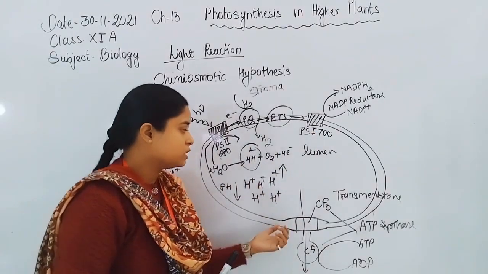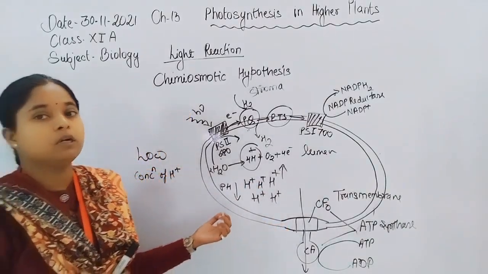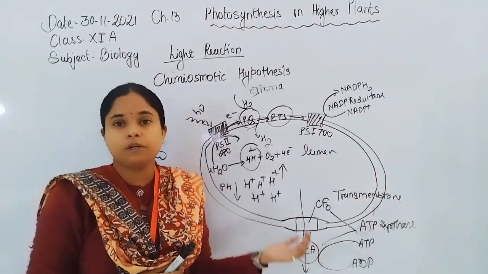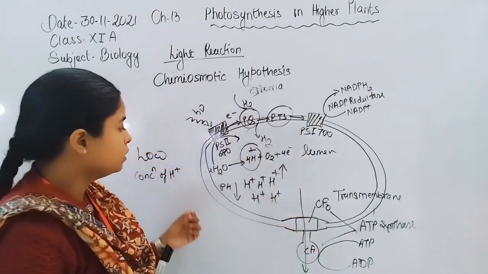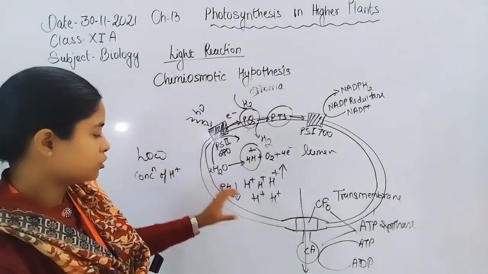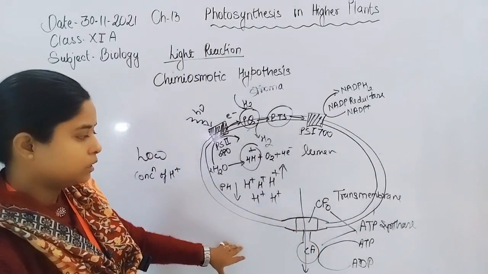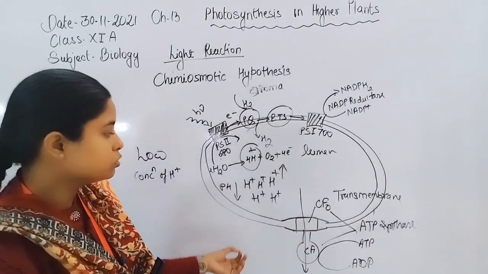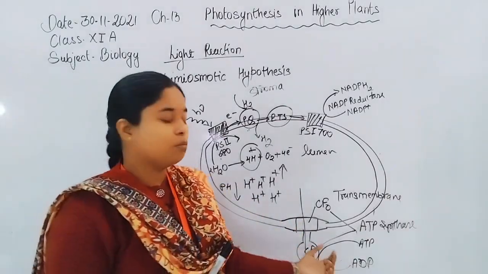That's why, for decreasing the proton concentration and for the formation of ATP, there will be the function of the proton gradient. The proton gradient is used for the formation of ATP molecule.